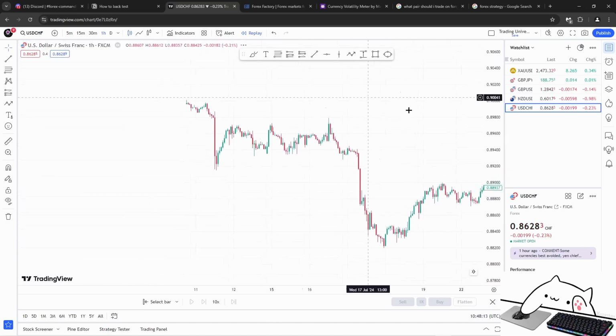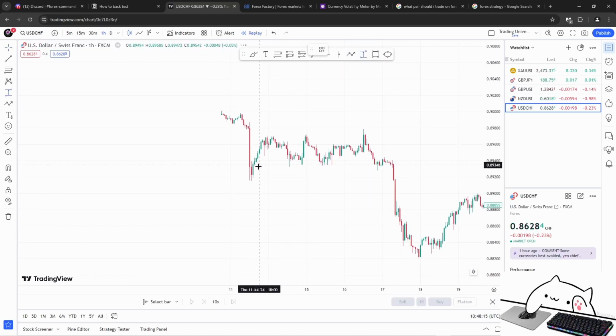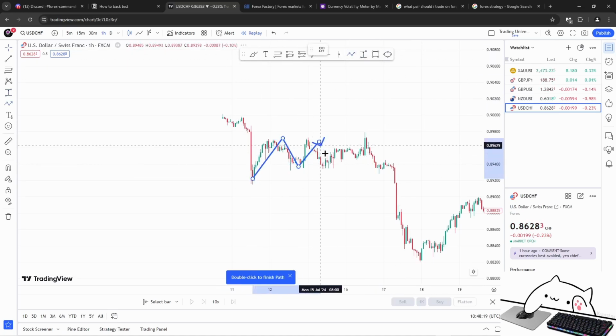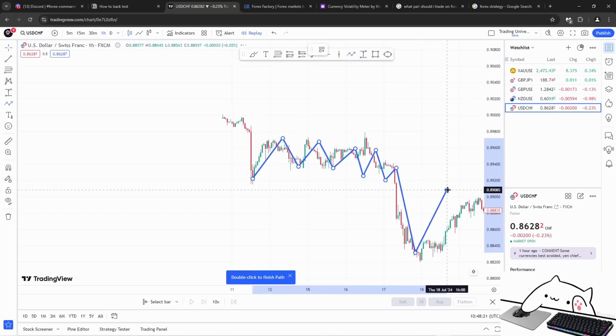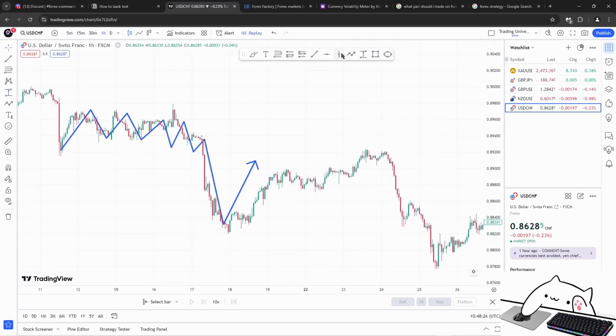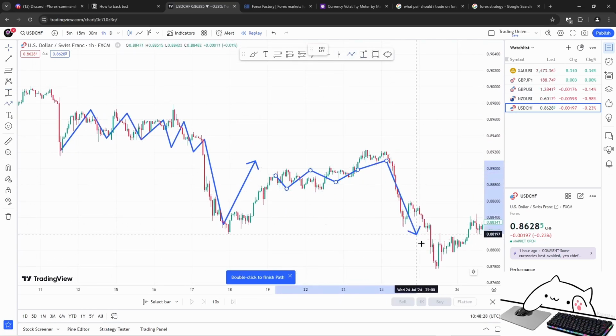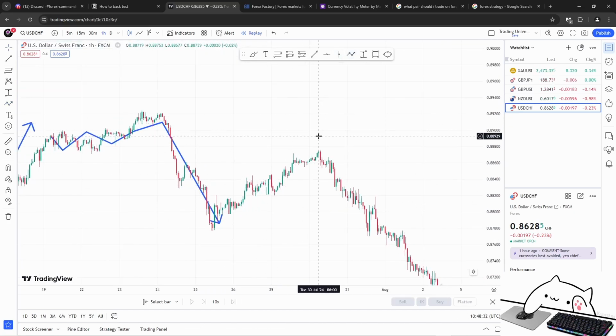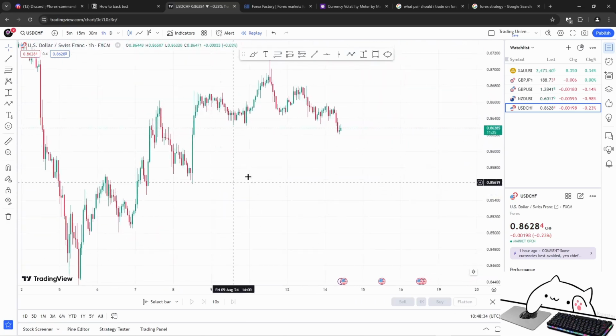Now, if you go to another pair, like this, look at it. Very, very less volatile. Very slow. Oops, wrong one. Look, very, very small. You know what I mean? Got a big pivot there. Then back to very small. Another big pivot. And so on. You get what I'm saying.